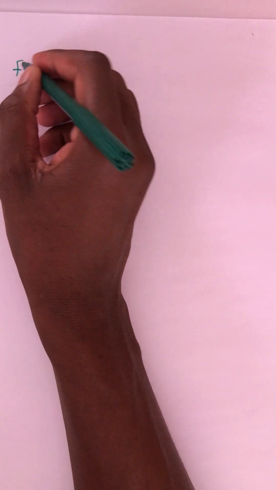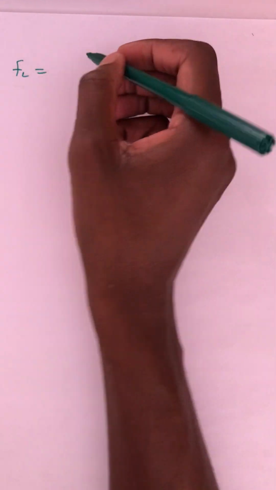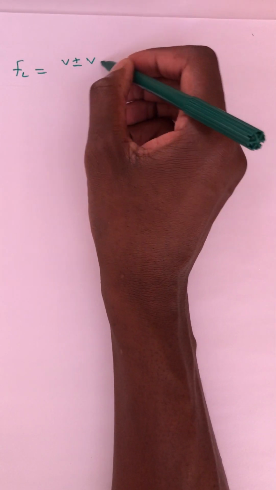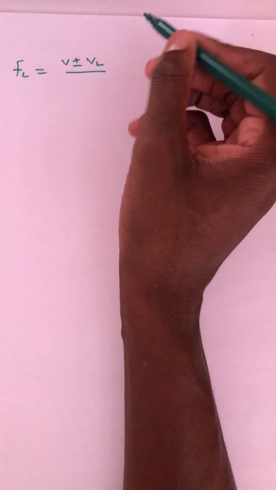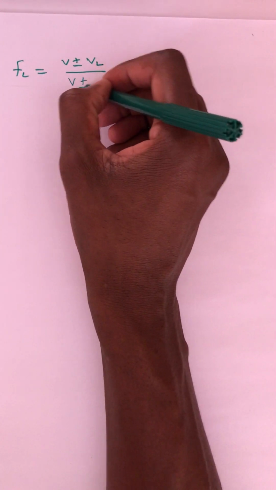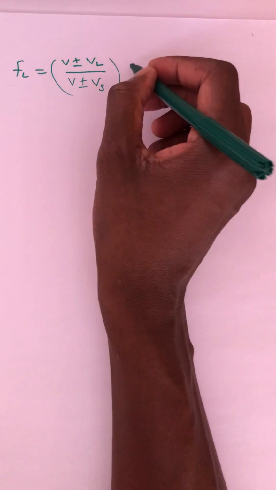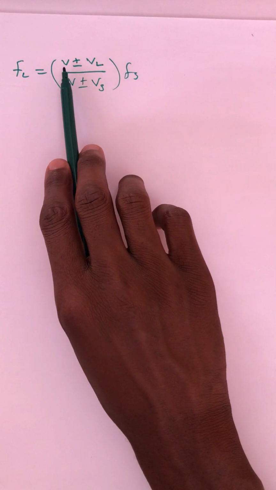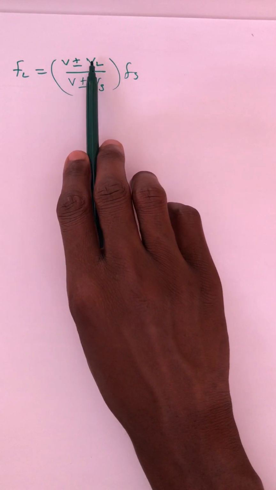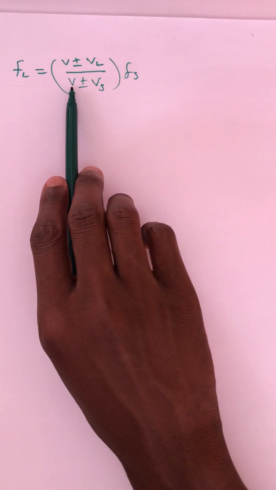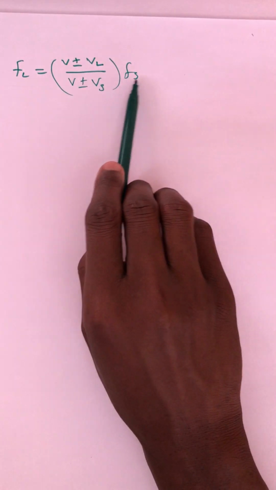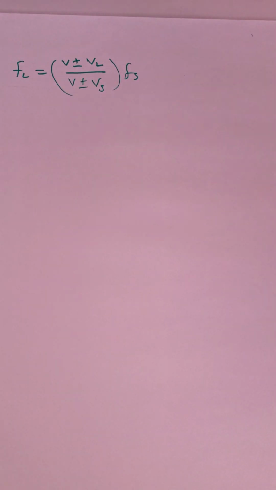The frequency of a listener is equal to the speed of sound in air plus or minus the speed of a listener, over the speed of sound in air plus or minus the speed of the source. And then we multiply by the frequency of the source.